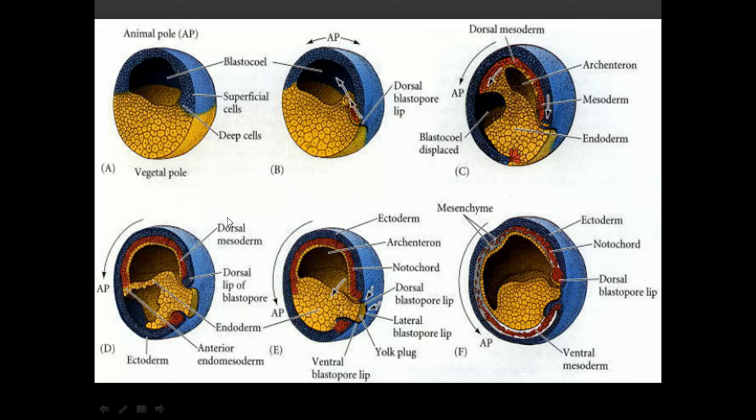In this diagram, we are seeing the cross, or the longitudinal section of an amphibian embryo. We've identified a very important structure in this image. If you remember the dorsal blastoporal lip, right?